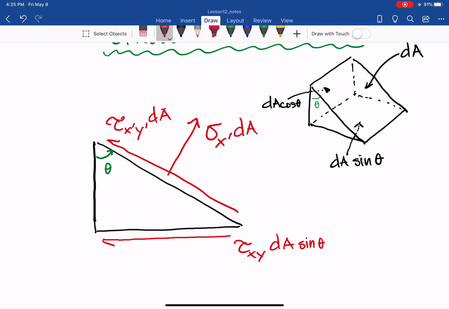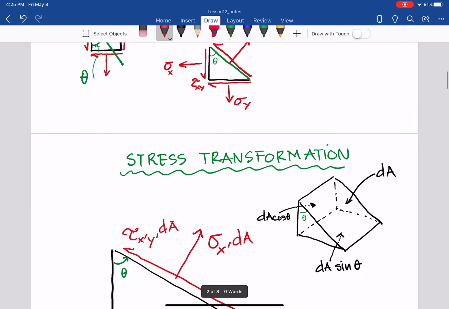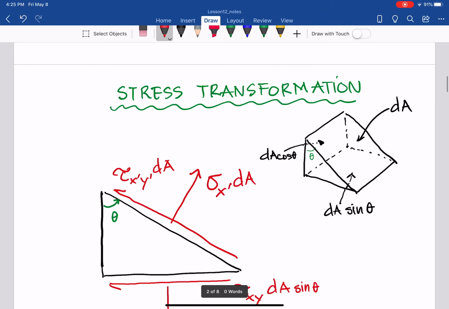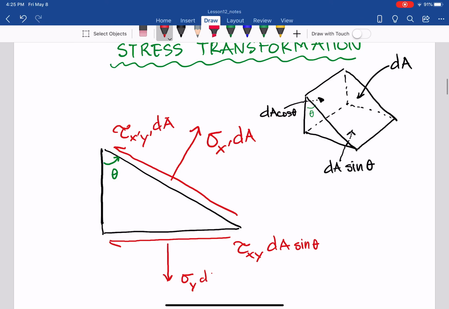And of course that one will be similar, it will be sigma y times the bottom area with dA sine theta.